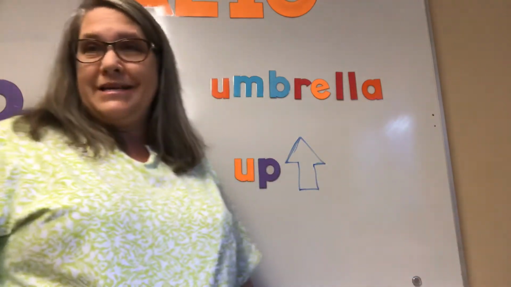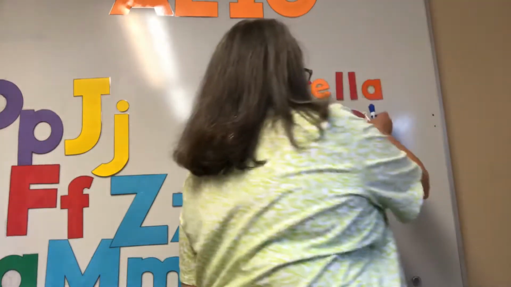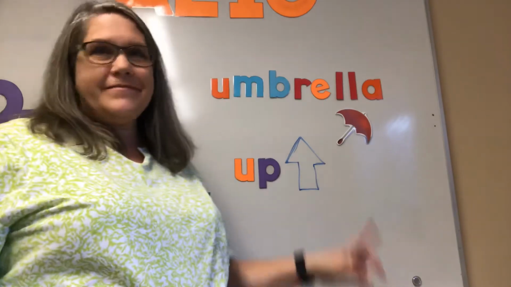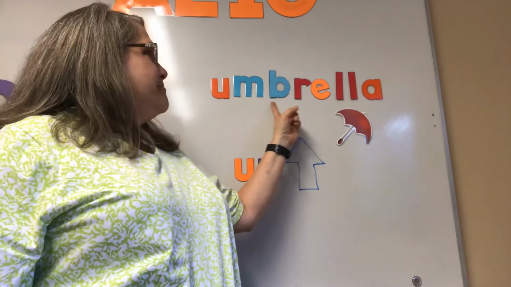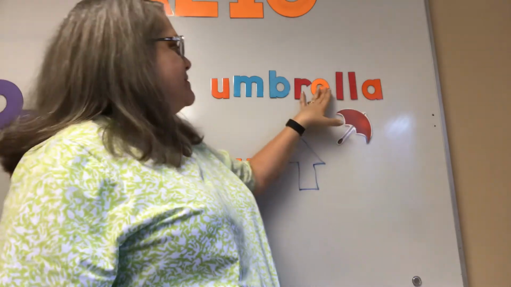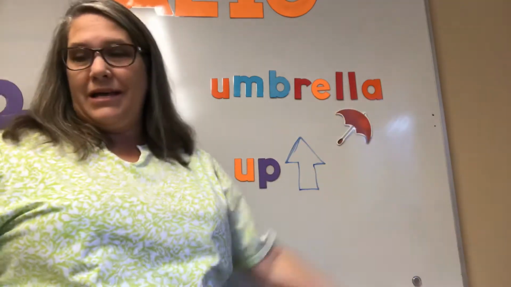Umbrella. Okay, let's try it. If you don't have it yet, I will show you a picture. This will help. You got it? Umbrella. That big long word is umbrella. Woo! You are a good reader if you got that.